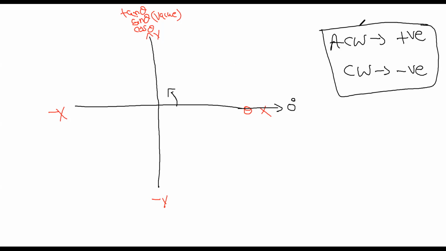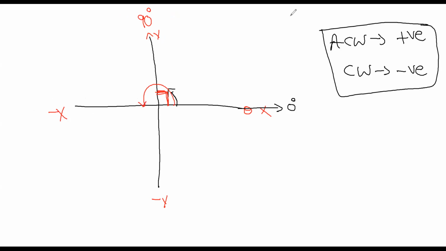So it is 0. What is the angle between the x-axis and the y-axis? 90 degrees. So y is equal to 90 degrees. From x, if you move on like this, what is the angle that you covered? 180 degrees.